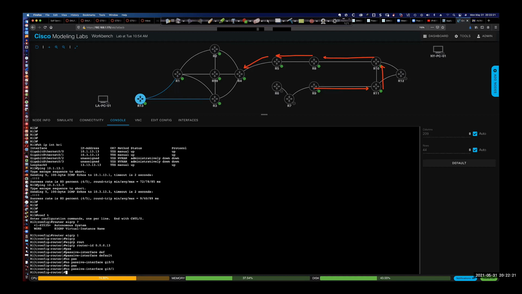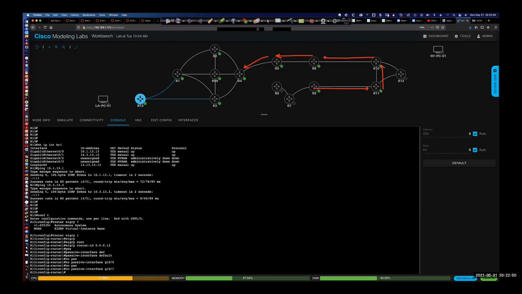And you can't form an adjacency if you're not sending those hello packets, which are being multicasted out to 224.0.0.10, and other routers are listening for that multicast advertisement. If the router isn't multicasting the EIGRP hellos, then an adjacency is not going to form.